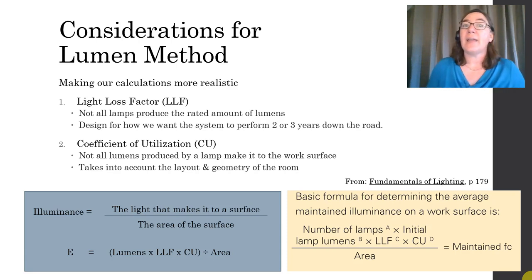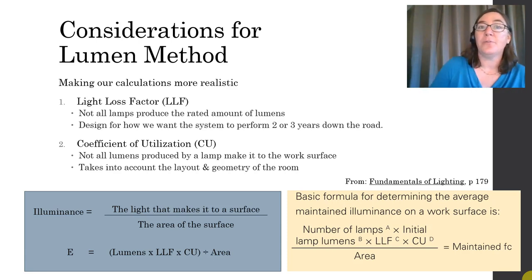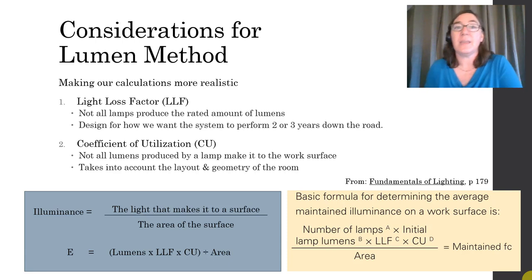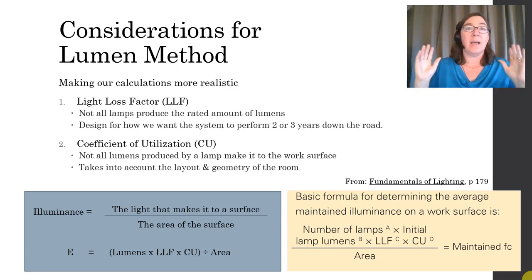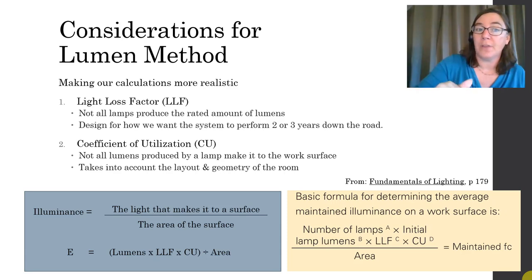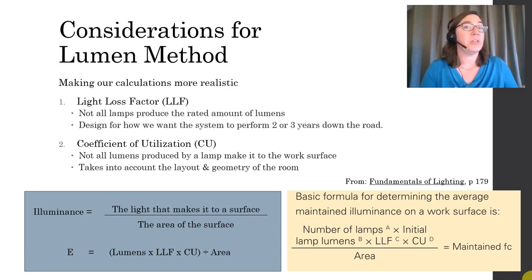All right, so the light loss factor accounts for the fact that not all lamps produce the rated amount of lumens, and it tends to fall off over time, and therefore we actually design for how we want the system to perform later on down the road and not initially.